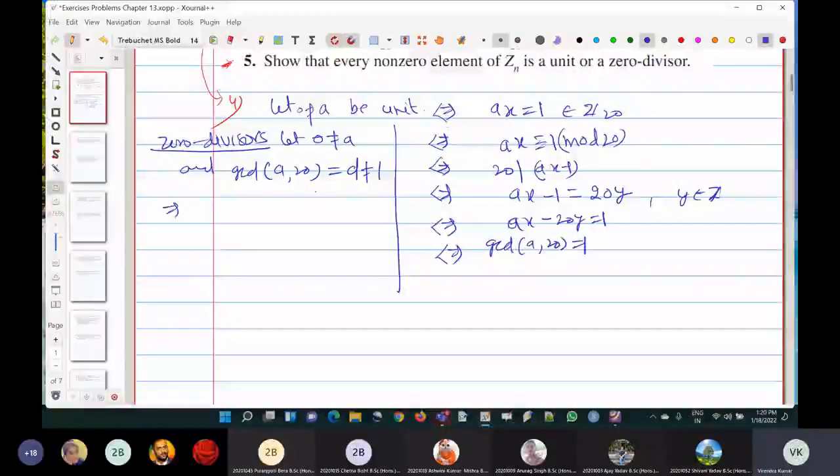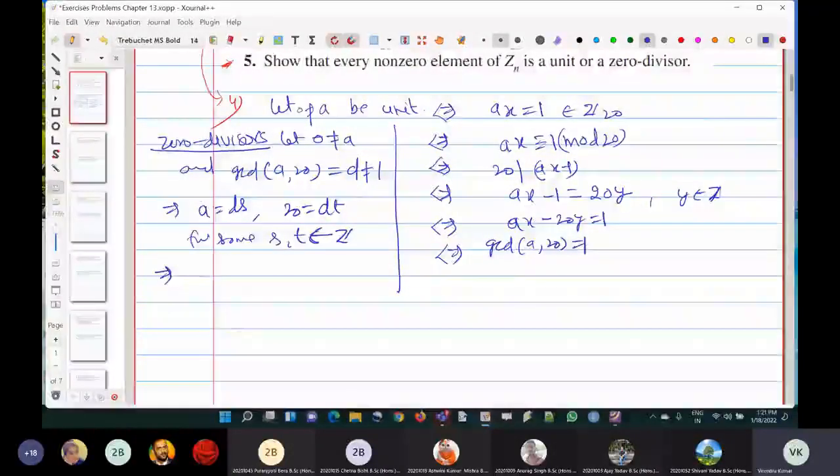Because d is a divisor of a and 20, we can write a equals ds and 20 equals dt, for some s and t belonging to the set of integers, by the divisibility criteria.